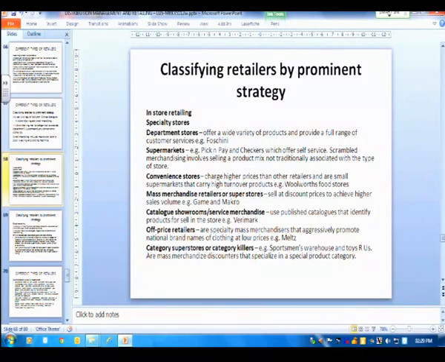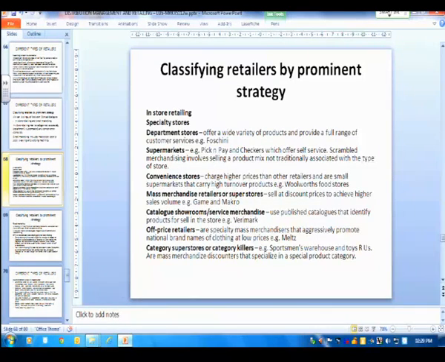Mass merchandise retailers or superstores sell at discount prices to achieve higher sales volume, for example, Game and Makro. Whereas catalog showrooms, service merchandise, use published catalogs that identify products for sale in the store, for example, Verimark.